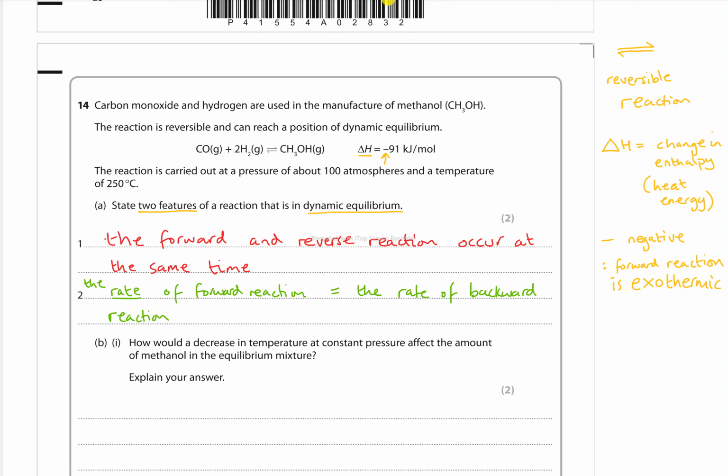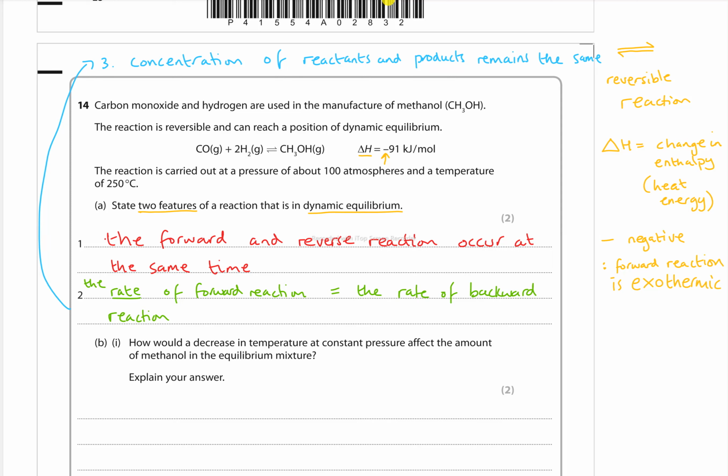And the last one that you need to know is, so they've asked for two, but we're going to put all three in case they give you one. So number 3, I'm going to write up here. And the concentration of reactants and products remains the same.